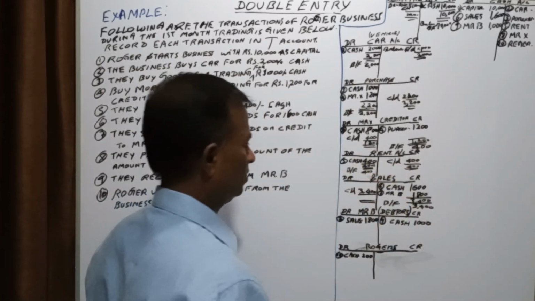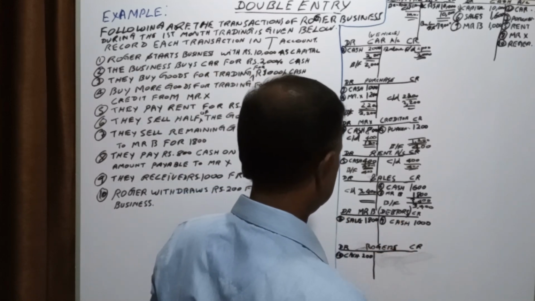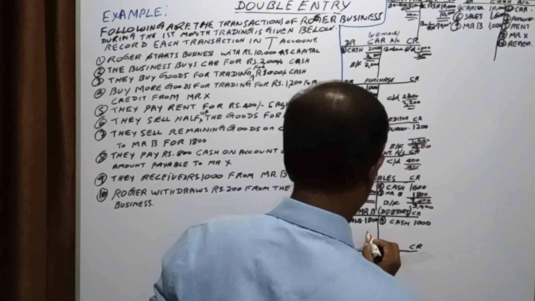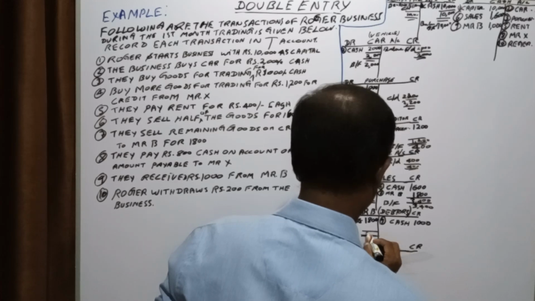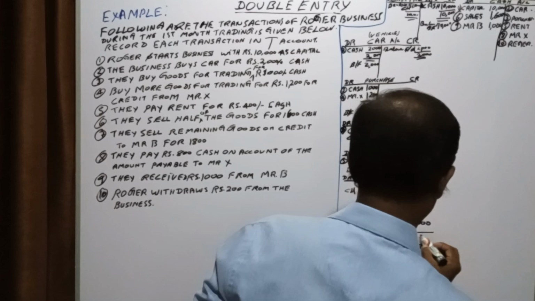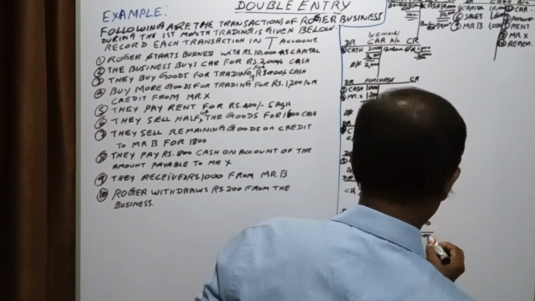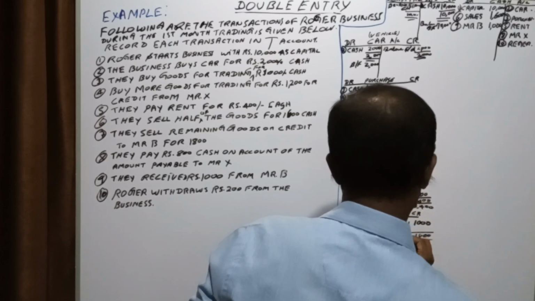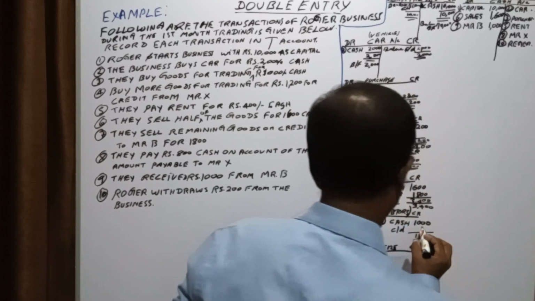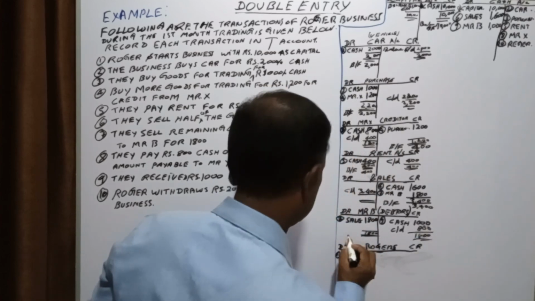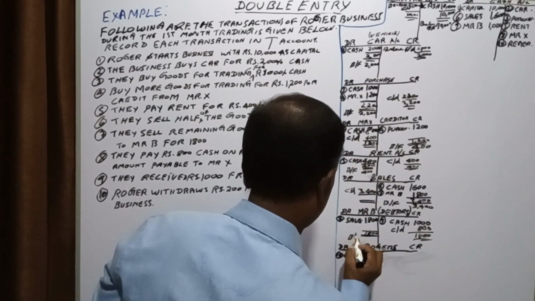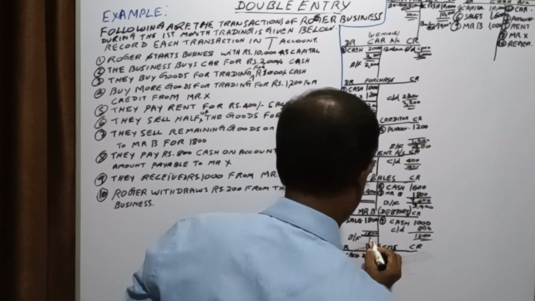And here, Mr. B debtors account, the debit balance is more, so you balance the debit balance 1,800. Here 1,800. Balance carried down is 800. Balance brought forward is 800.